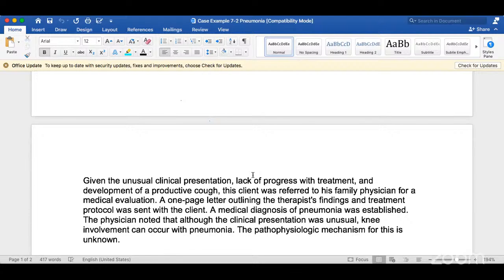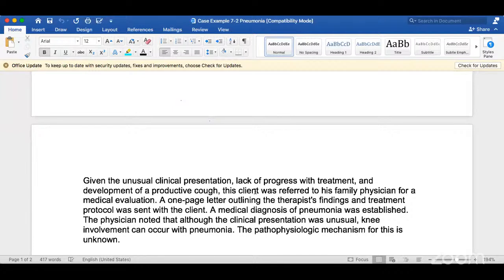A medical diagnosis of pneumonia was established. The physician noted that although the clinical presentation was unusual, knee involvement can occur with pneumonia. The pathophysiologic mechanism for this is unknown.